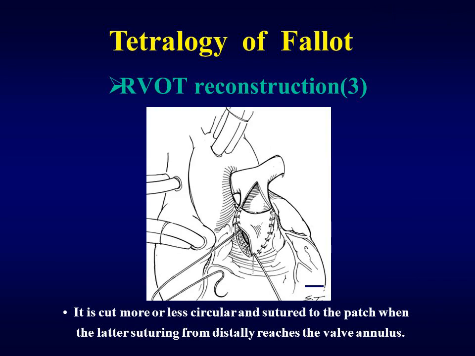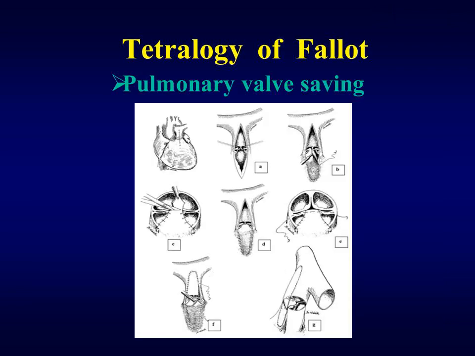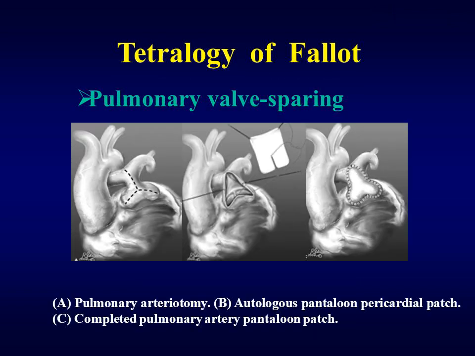VIT reconstruction 3. Tetralogy of Fallot. VIT reconstruction 3. It is cut more or less circular and sutured to the patch when the latter suturing from distally reaches the valve annulus. Pulmonary valve sparing.